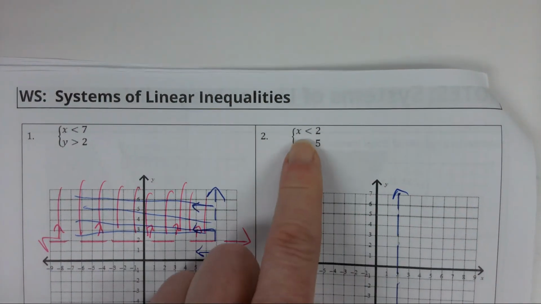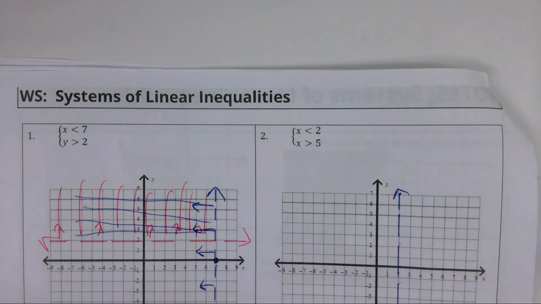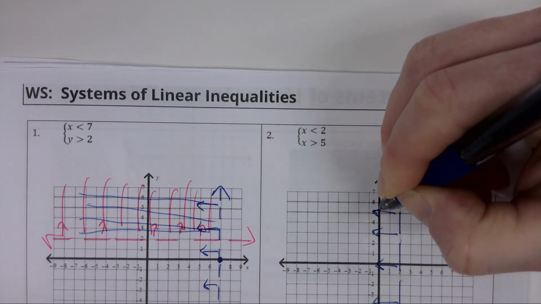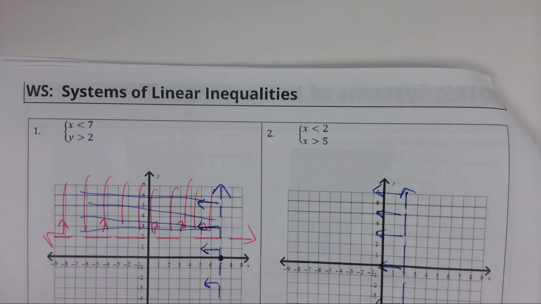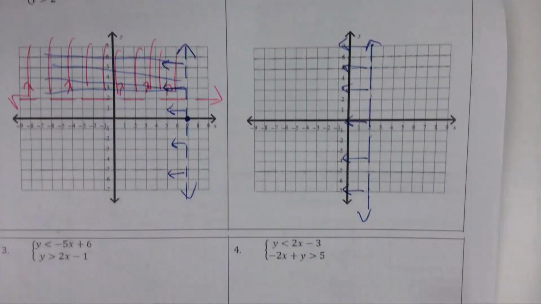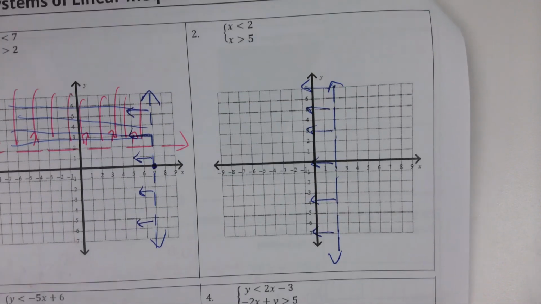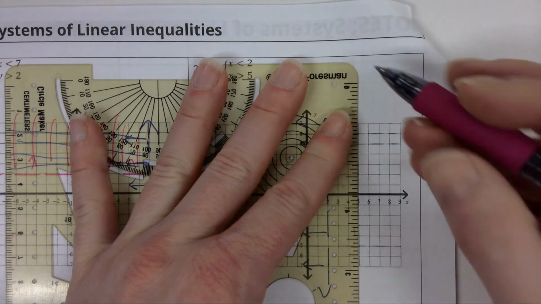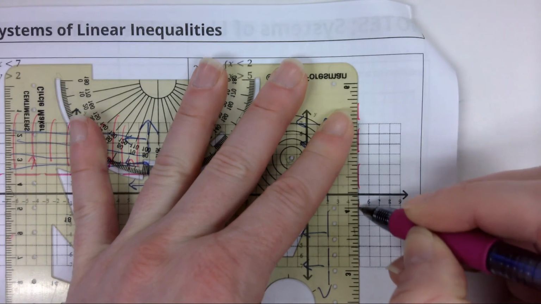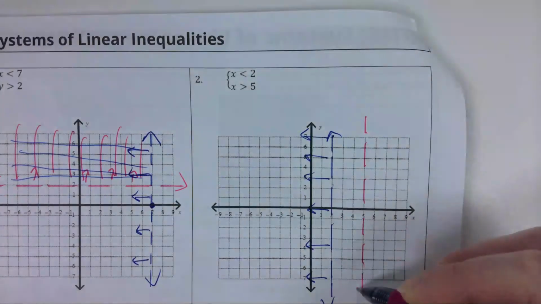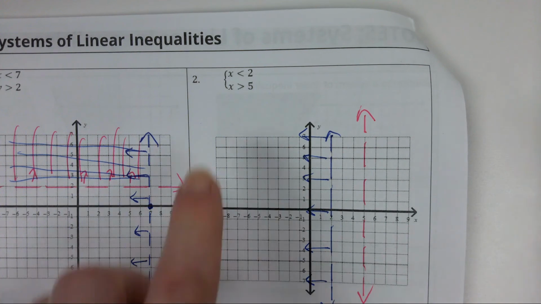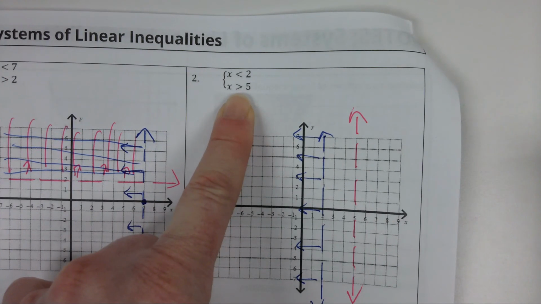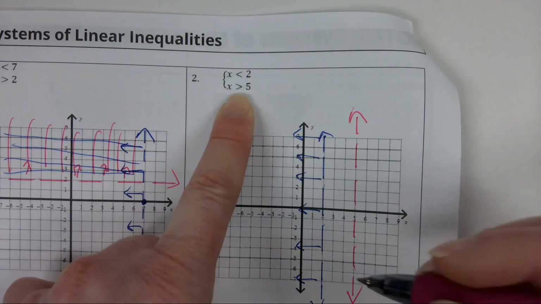It's less than 2, so you would shade to the left. x is greater than 5. Hold on a second. Right or left of the pink line? It's greater than, so to the right.